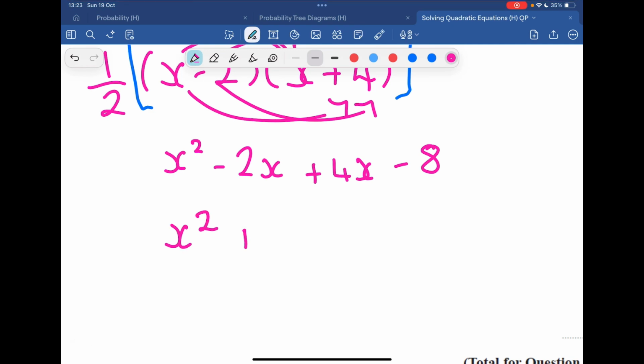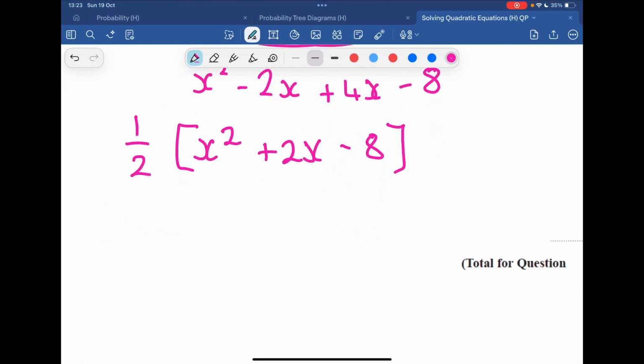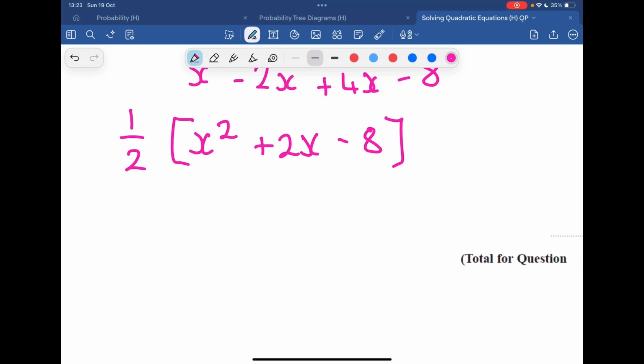This will become plus 2x because we've got 4x minus 2x, and minus 8. And now let's not forget, we've still got this factor of a half here. So if we expand this out, we'll have a half x squared plus x minus 4. So you just halved all of the terms in this bracket here.